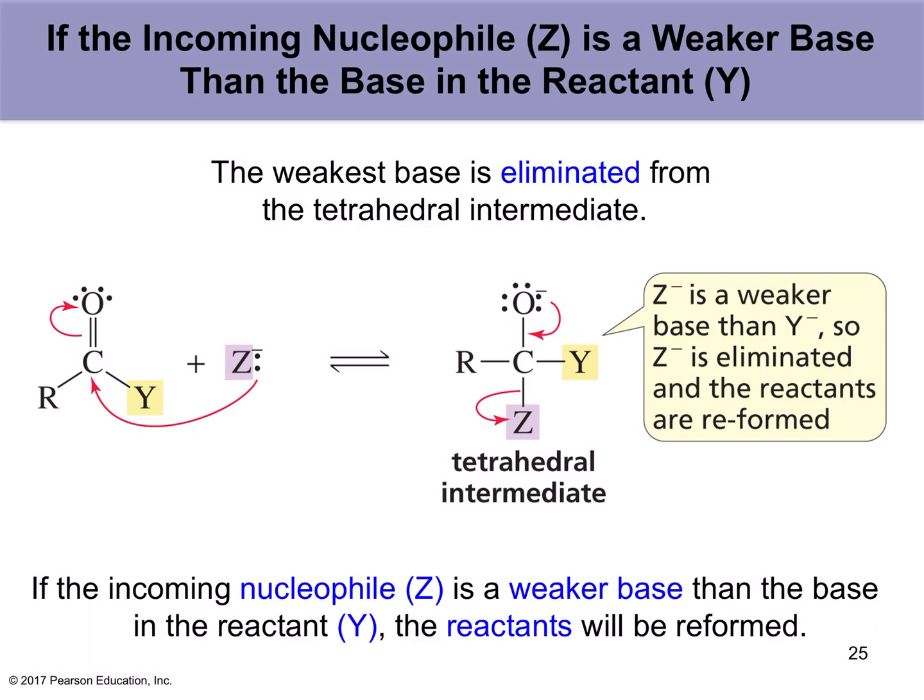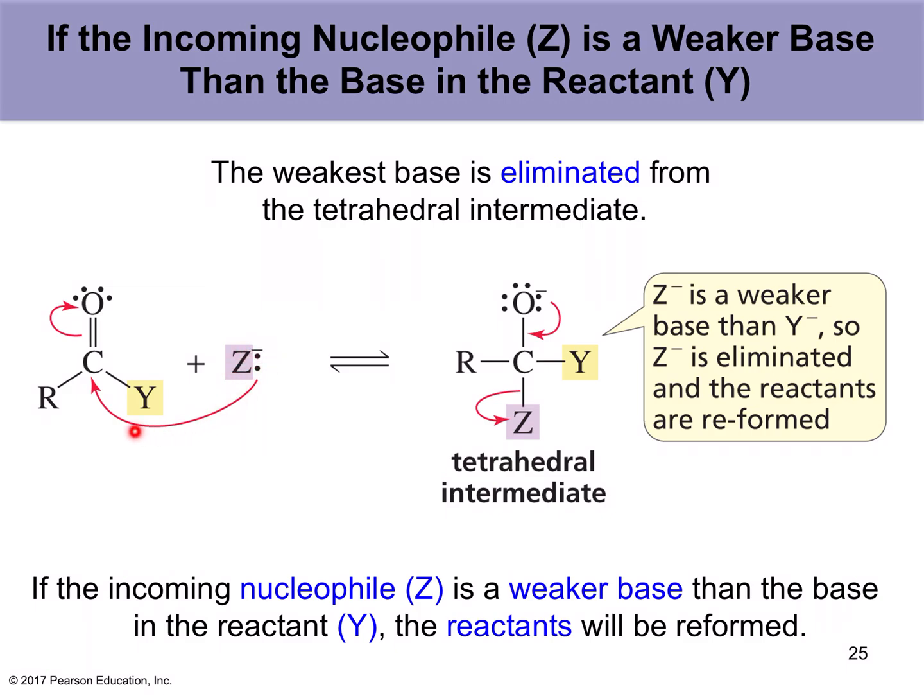What happens if the incoming nucleophile Z is a weaker base than the base in the reactant Y? Meaning the carbon-Y bond is stronger compared to the carbon-Z bond. Then the weaker base is eliminated from the tetrahedral intermediate.